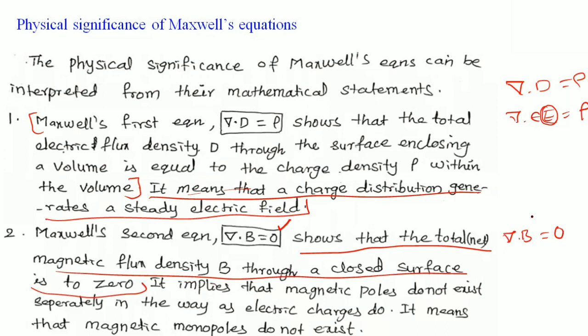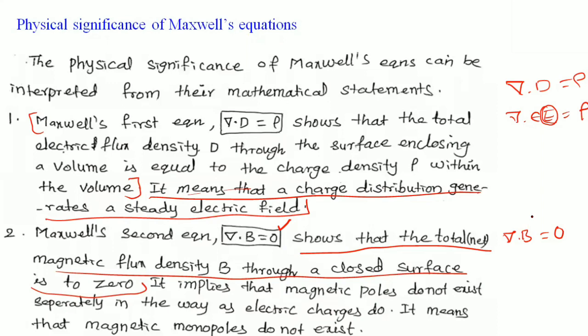In your own words, you can write that the divergence of B in a closed surface is equal to 0, or the total magnetic flux density B through a closed surface is 0. So it means that magnetic poles do not exist separately in the way electric charges do.